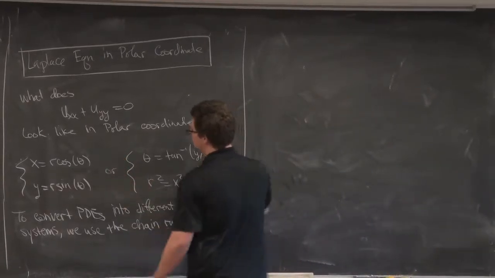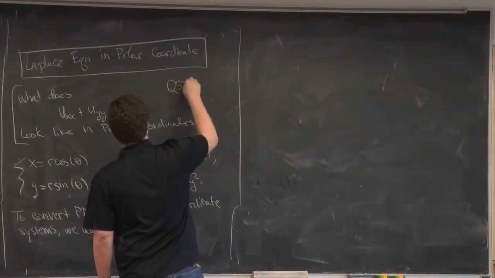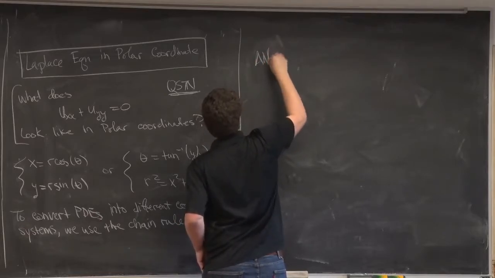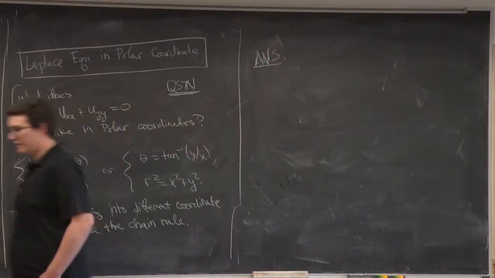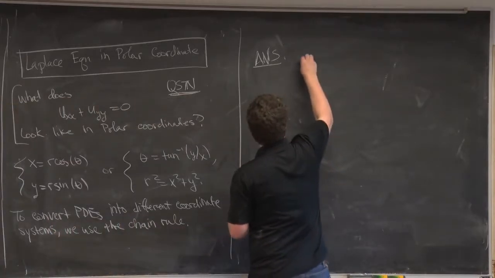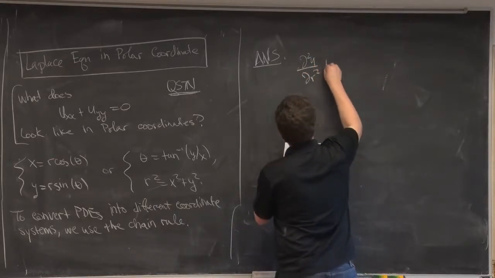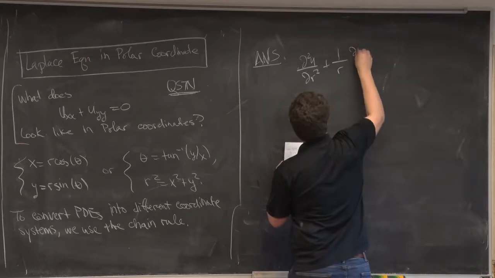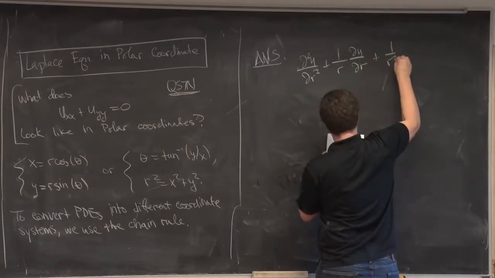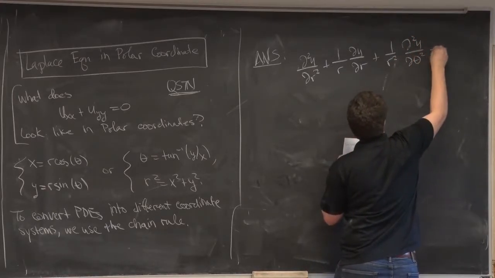So here was our question. The answer is the following. It looks like d squared u dr squared plus 1 over r du dr plus 1 over r squared d squared u d theta squared.